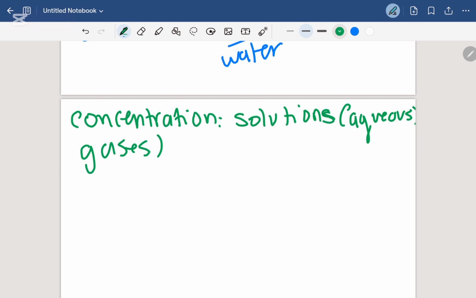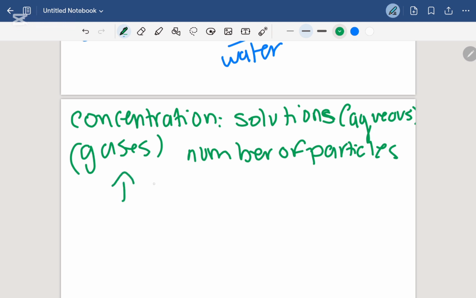What does concentration mean? It means the number of particles. So if we are adding more particles into the aqueous solution or into the gases, then definitely the reaction rate will increase. So a higher concentration, this is how we denote concentration, okay, a higher reaction rate.